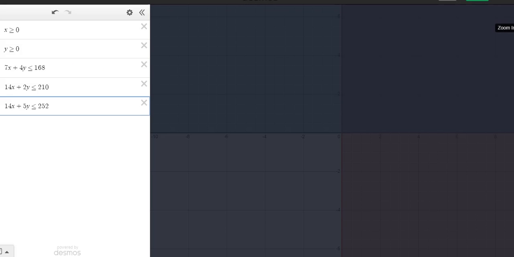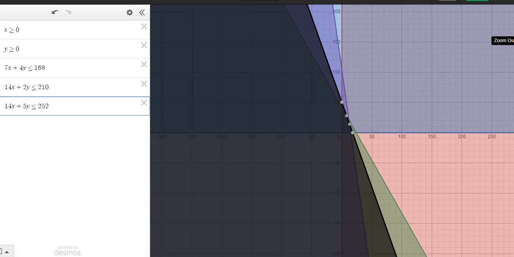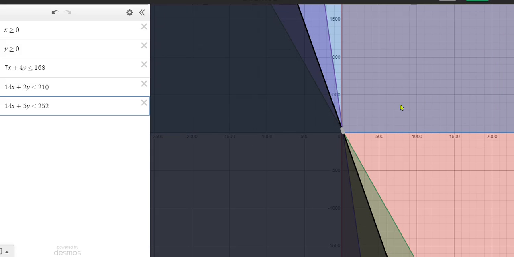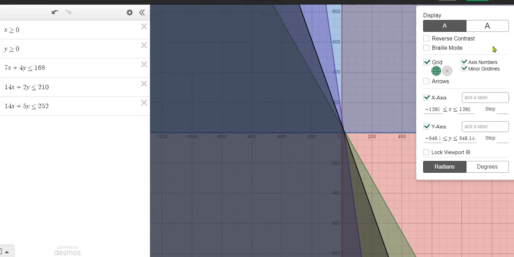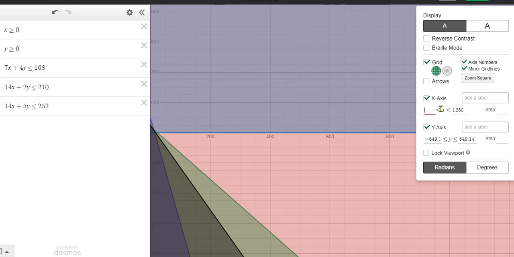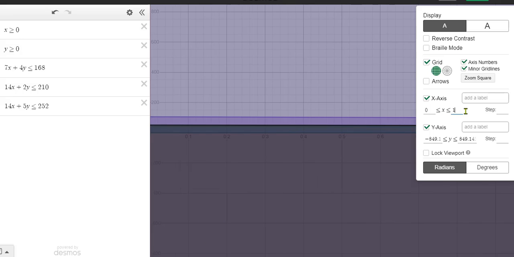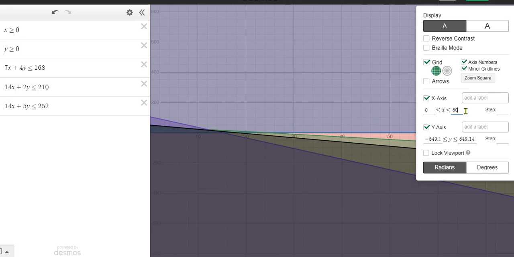So now, first of all, I'm going to zoom out a bit. Okay, we're zoomed out too much. Let's just manually change our grid. I'm going to go 0 to 80 here for x. If I can't see what I need, I'll change it. And then for y, I'm going to go 0 to 120.